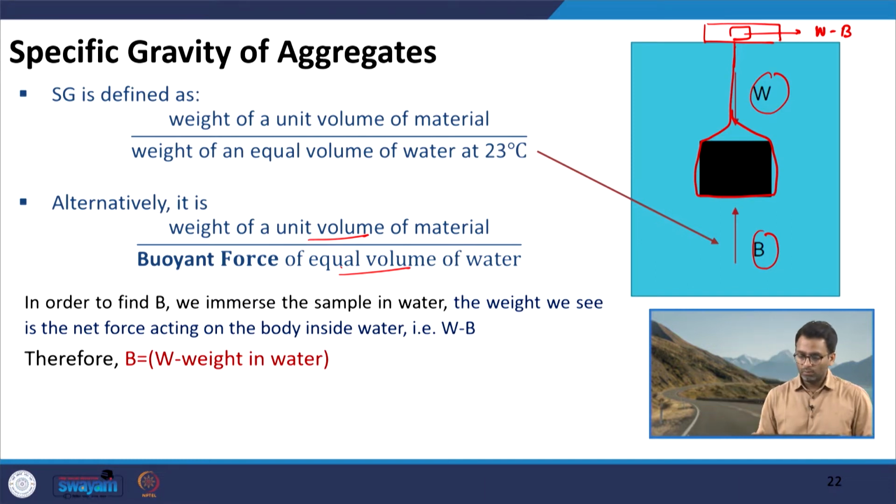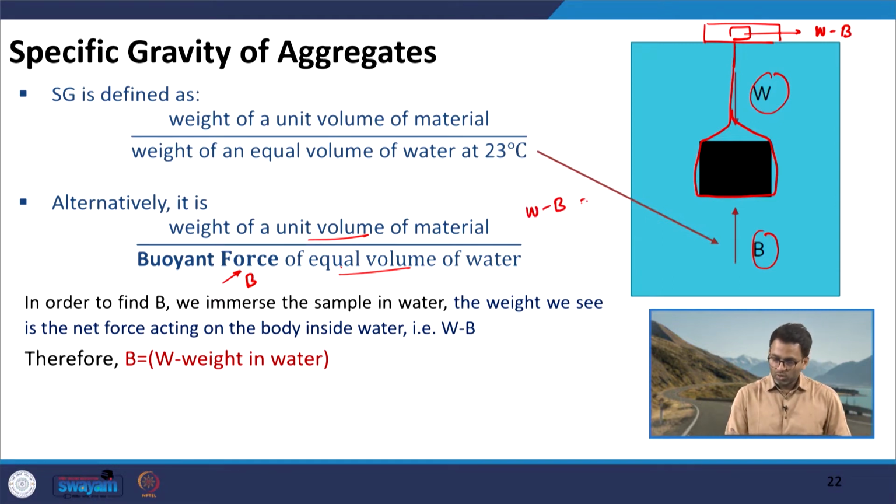Therefore, B, because I am interested in the denominator, this denominator is actually B. So, in order to find B, I have W minus B, which is equal to the weight in water, which is being displayed. So, B is actually equal to W minus weight in water, is it not?